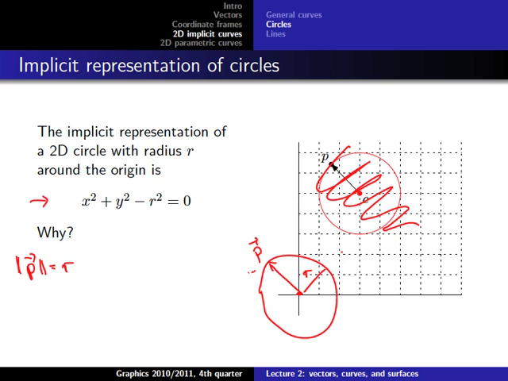Now, the length of a vector, we learned today, is defined as the square root of its coordinates to the power of 2. So if this p is defined as x and y, this is this, and this point is on the circle if the length is the same as the radius.